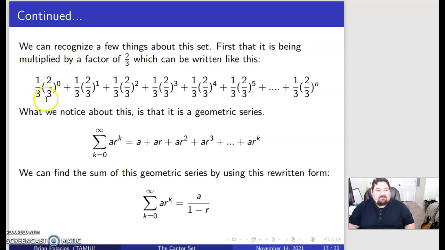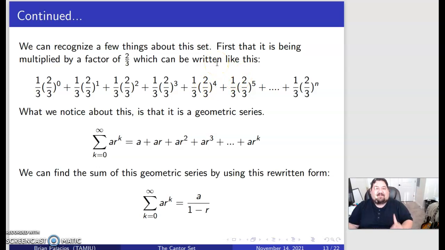But what happens is we find out that everything is being multiplied by a factor of 1/3, and also that this part right here is 2/3 to a power. So it's going to be 2/3 to a power multiplied by 1/3.